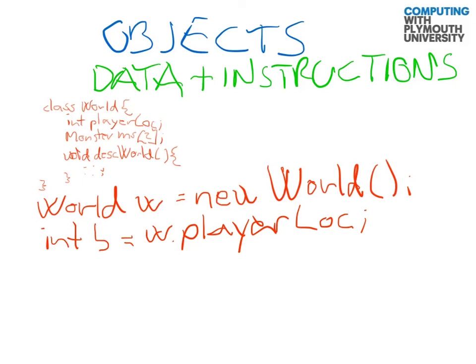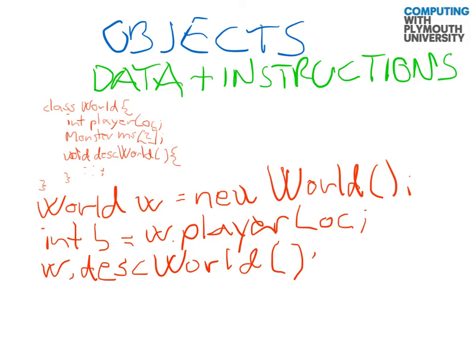And after that we can go and ask the w object to execute the instructions within the descWorld method, and note the same dot notation. w.descWorld will now go away and execute all the instructions we put inside the descWorld method in the declaration.